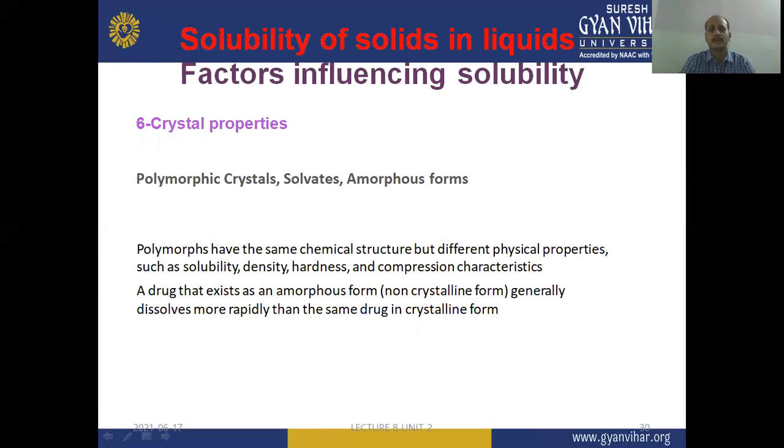A drug that exists as an amorphous or non-crystalline form generally dissolves more rapidly than the same drug in crystalline form. So we can say that the amorphous form has more solubility than the crystalline form of a particular drug. So this is the crystal property which also affects the solubility of a particular drug.